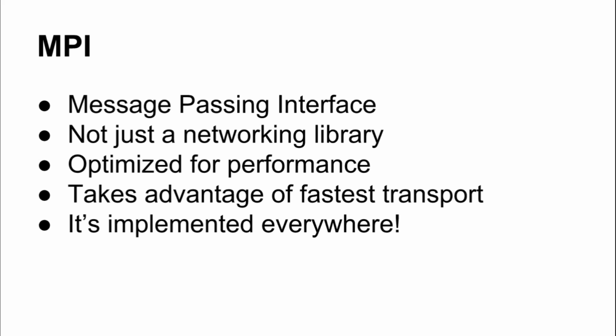So what we have is something called MPI. MPI stands for Message Passing Interface, because once you have the switch, you can send arbitrary bytes to each of the computers, and you can ping each computer from another when they're all connected physically with the switch. But MPI provides a better way to send information from one computer to the next because it's not just a networking library, it's optimized for performance.